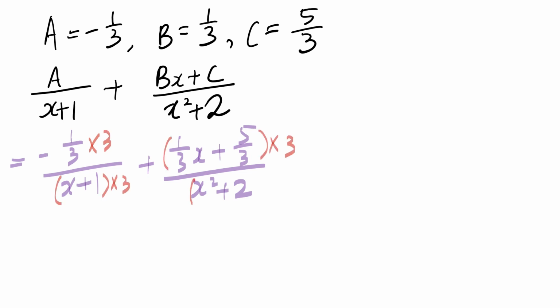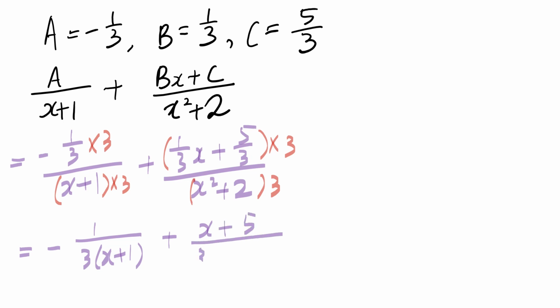So we have negative 1/3 times 3, that gives me negative 1. And then 1/3 x times 3, that will give me x. 5/3 times 3 will give me 5. That will be our partial fractions.